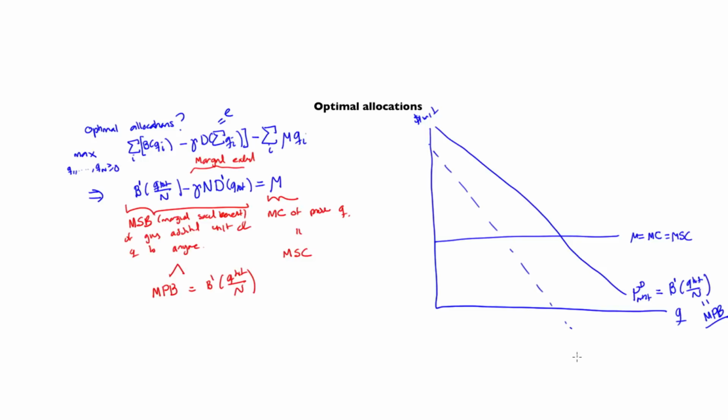So that curve is going to be the marginal social benefit, and this gap at any point is going to be gamma N D prime of Q. Now, what do we find out? We find out from this graph that the optimal amount is where the marginal social cost is equal to the marginal social benefit, which is here. This is the optimal amount of Q.